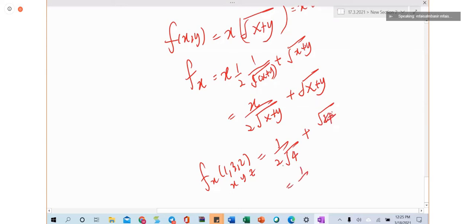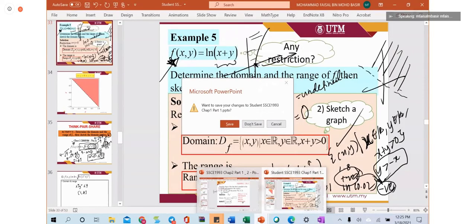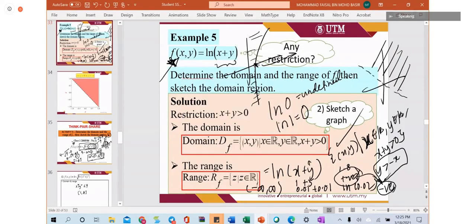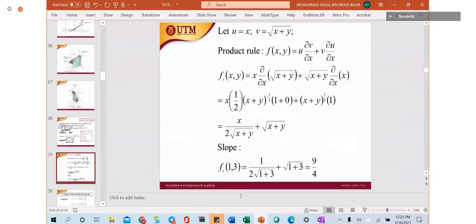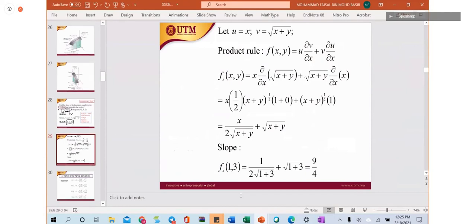This is 1 over 2 times 2, which is 4, plus 2. This is 2, which means 9/4, right? Check. Okay, 9/4. Okay.